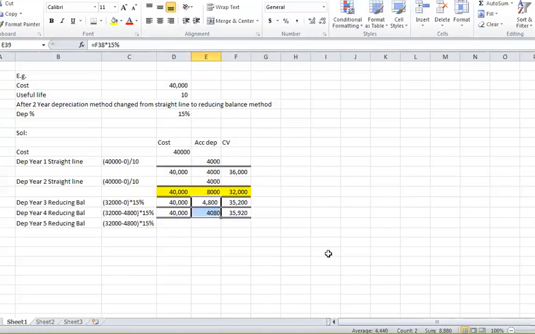You can see after the change in estimate, we have charged total depreciation of, after adding both these values, 8,880. You can see over here at the bottom of this page there is given sum. Whenever you will select two cells, sum will be mentioned at the bottom of this Excel screen, 8,880.